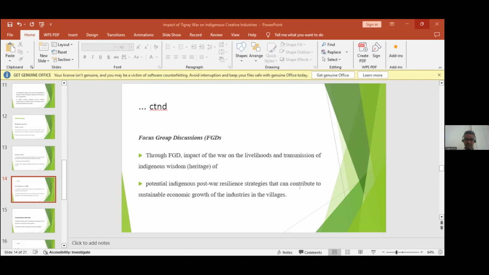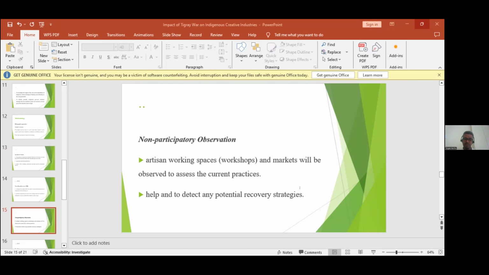Non-participatory observation will also be used as a methodology to assess the current status of these indigenous cultural practices, and this will help us detect potential recovery strategies through observation.